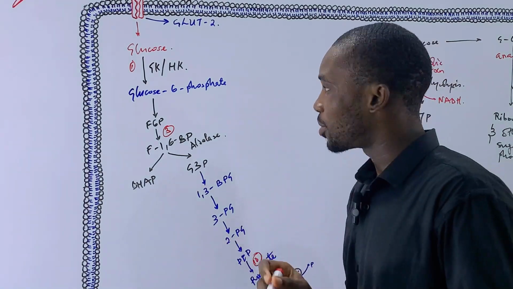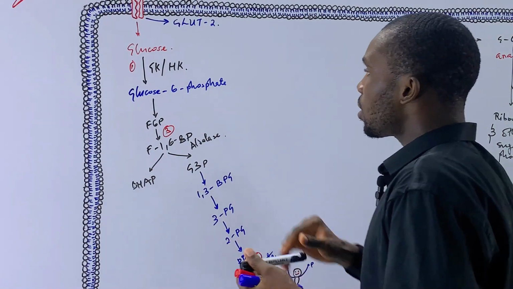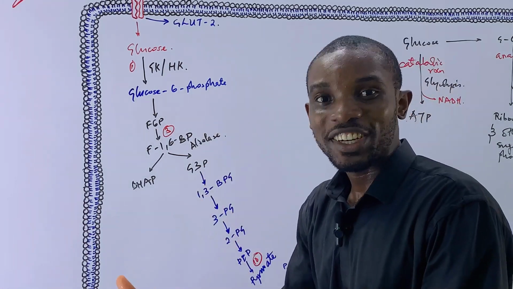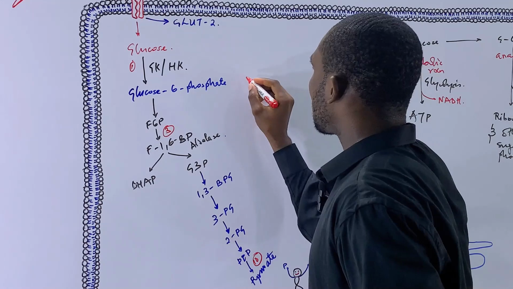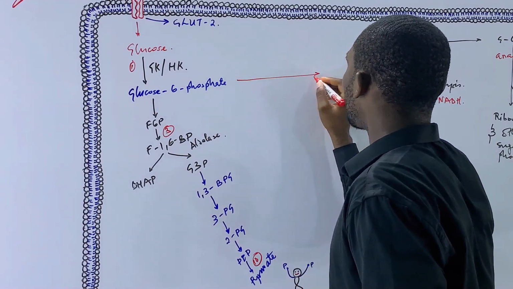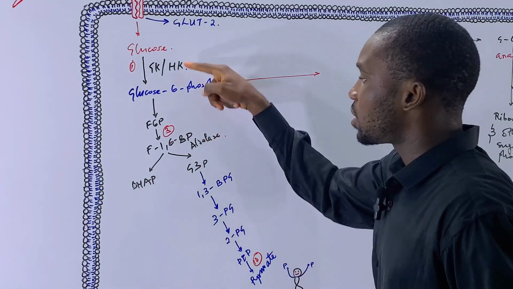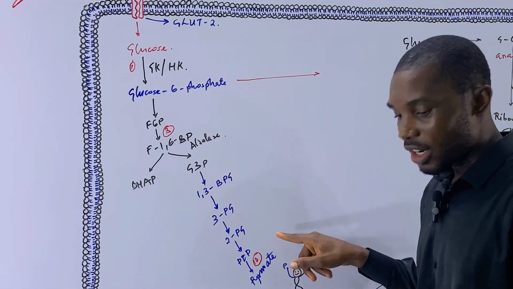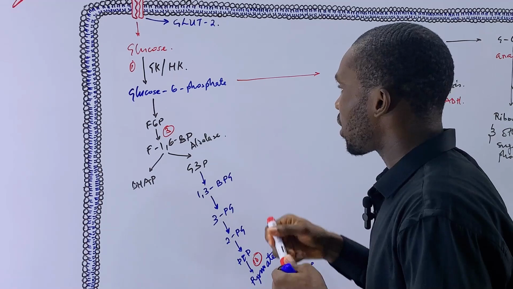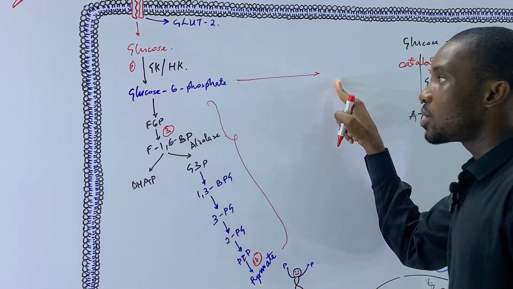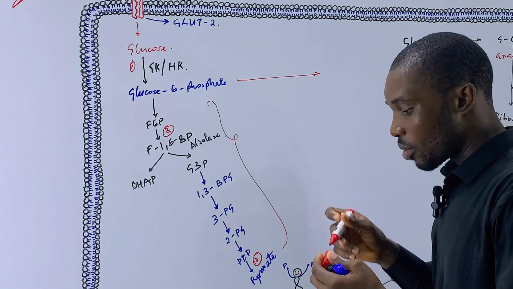The rest are reversible. So this glucose 6-phosphate can enter another parallel reaction. So the glucose 6-phosphate can be shunted into another reaction. The glucose 6-phosphate could decide to enter the glycolytic reaction, which is this reaction we described over here, or it could go into another reaction, which is the what?